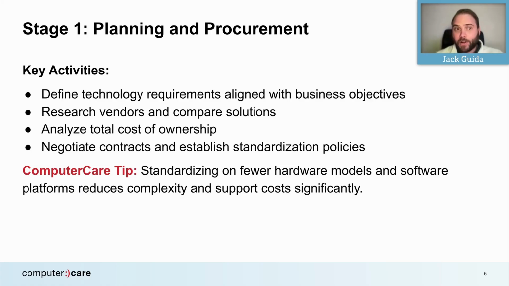From there, you're going to analyze the total cost of ownership, and then you're going to hopefully negotiate contracts and establish some standardization in policies. Our tip here is to really make the hardware models as few as possible, and same with the software platforms, to truly reduce complexity and also support cost savings.